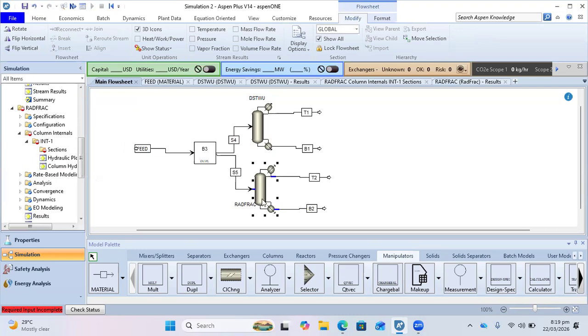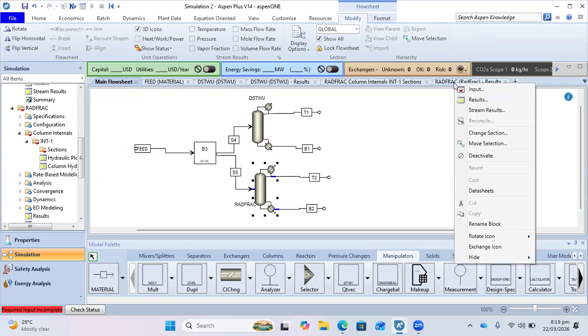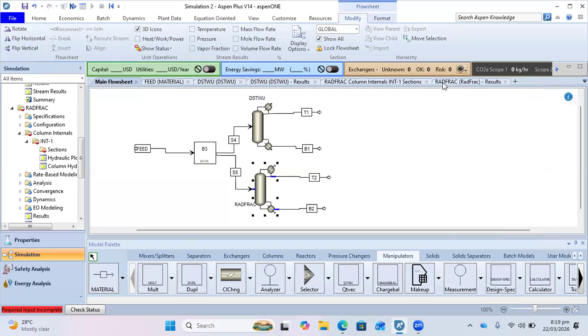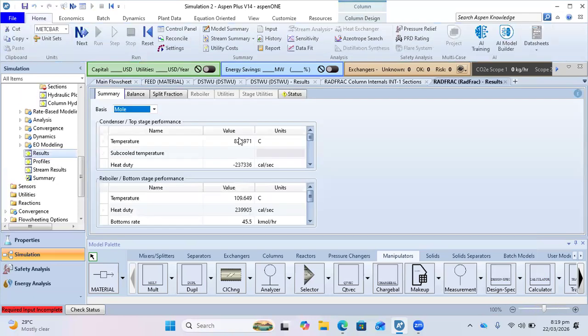So we can right click on the RADFRAC. I think we did that earlier. That's over here. Oh, it still asks for data. Okay. Right. So we see the temperature, the condenser, the heat duty. We see all of these things. Right. So we can get the reflux ratio. We can get the, oh, we specified the reflux ratio. Sorry.